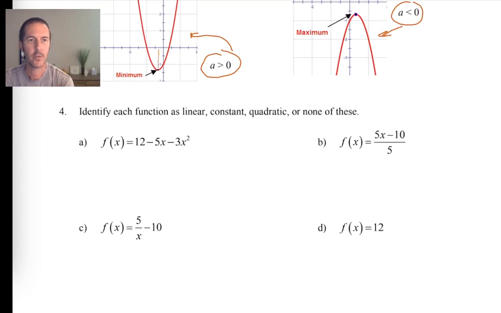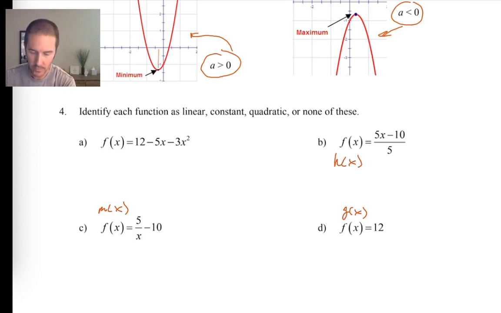Number 4 gives us a number of different functions. These functions are all called f of x. They could just as easily have been called h of x or g of x or m of x. But as it is, they're all called f of x, which is okay. And we want to know what kinds of functions these are, or can we really tell?